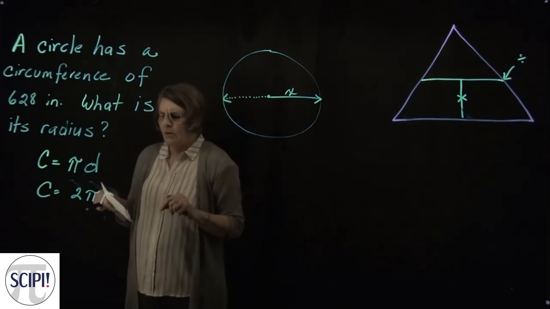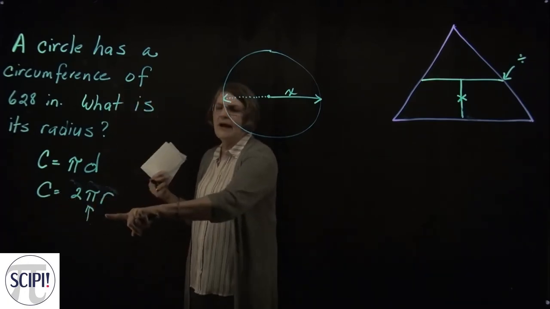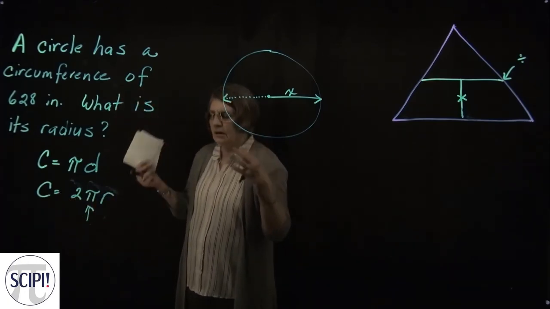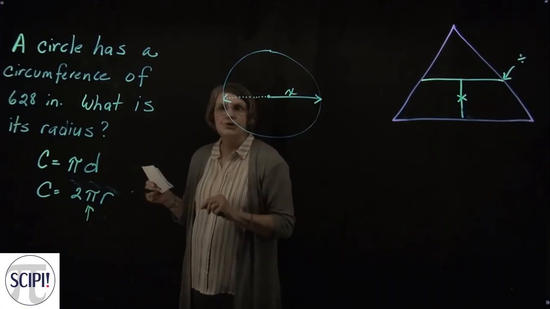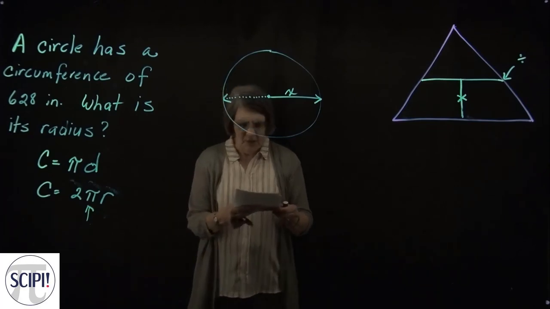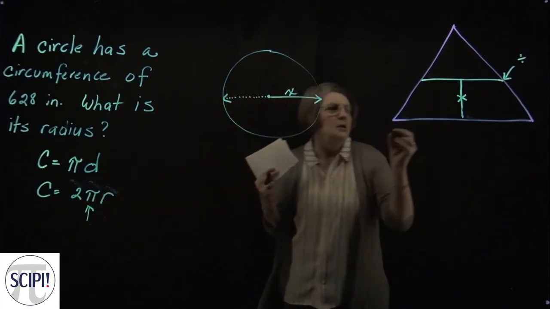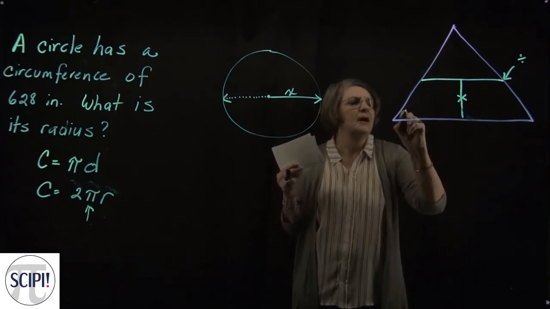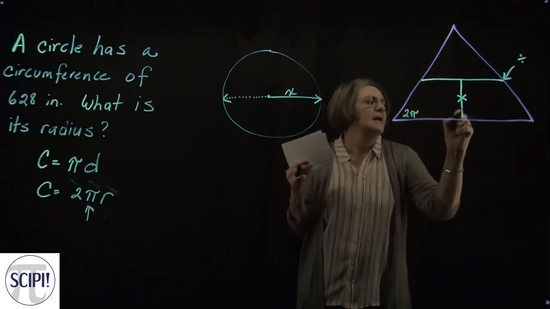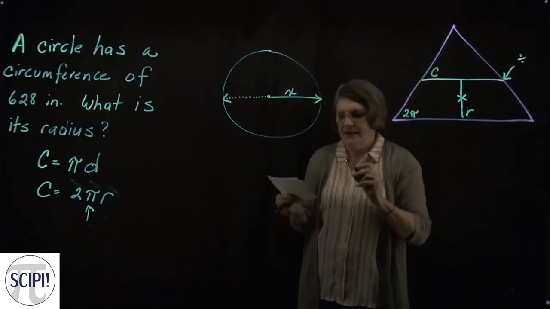Okay? We have to know what pi is. Remember, pi is an irrational number that goes on and on and on. But we're going to just use 3.14. We're going to round it off. So up here, we know we've got 2 pi r, so we're going to have 2 pi in here and r over here, and the circumference is going to go up here.